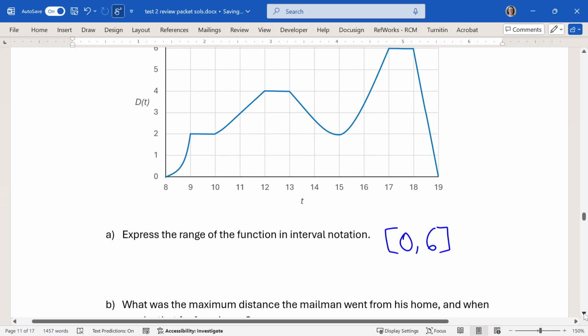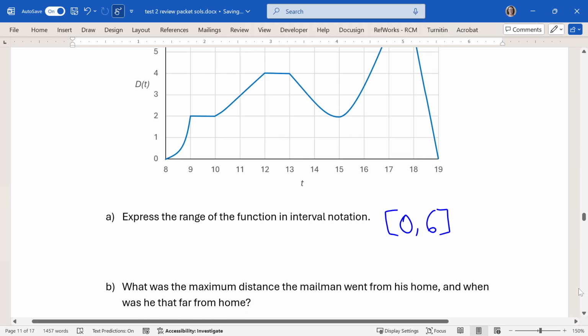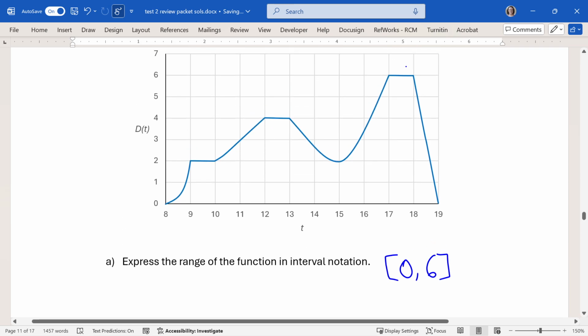Next question is, what was the maximum distance the mailman went from his home, and when was he that far from home? So that is going to be over here. The highest point is 6 miles from home, and it looks like he was there between t equals 17 and 18.